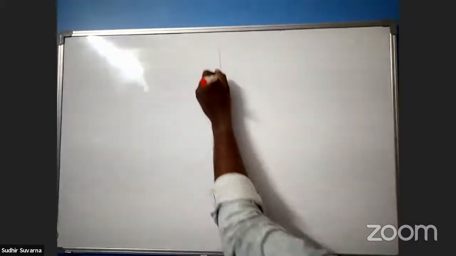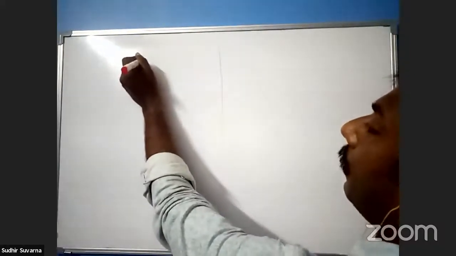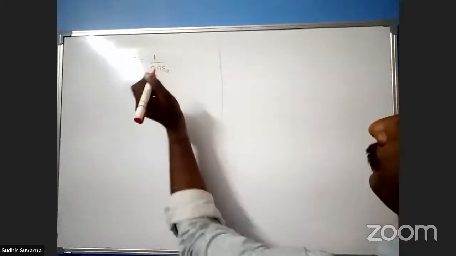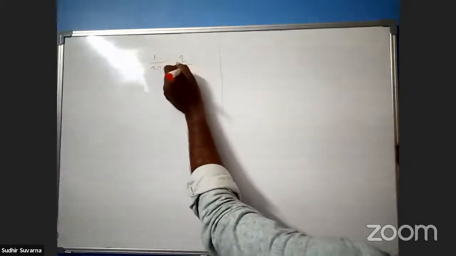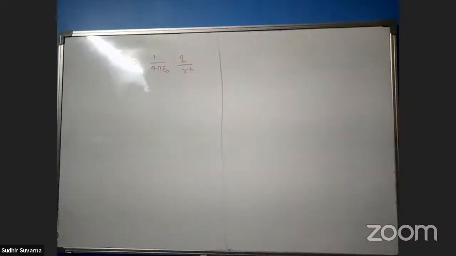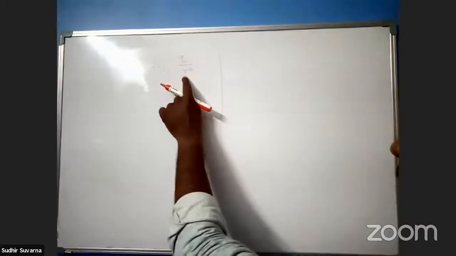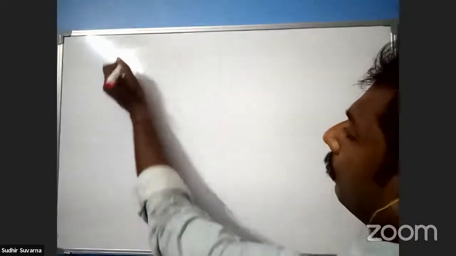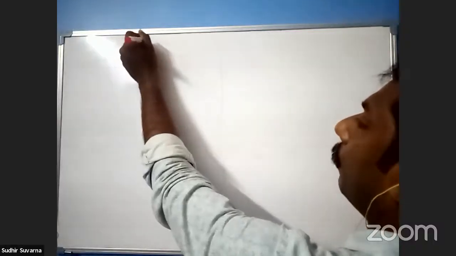First one, if I take this equation as reference, for a given charge, R will be a variable. If charge is constant, R is variable. So I'll take this to be note number 1.